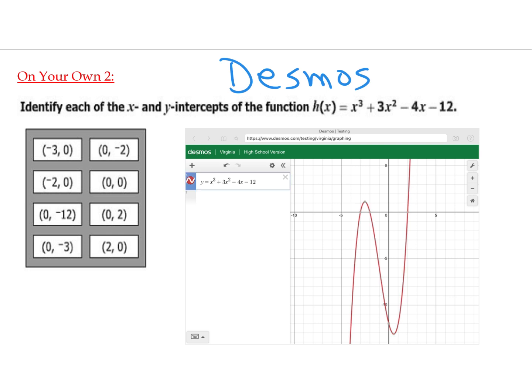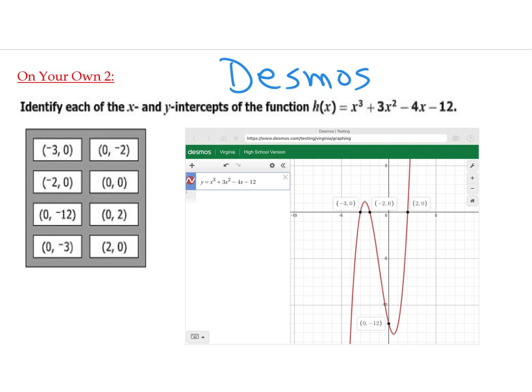and it's going to cross the x-axis at negative 3, 0, at negative 2, 0, and at 2, 0. To get the y-intercept is the point where the graph crosses the y-axis, and that is at the point 0, negative 12.